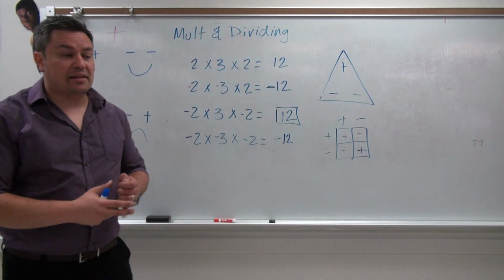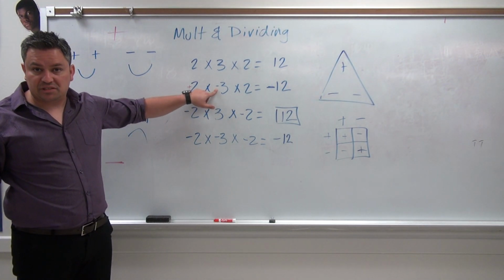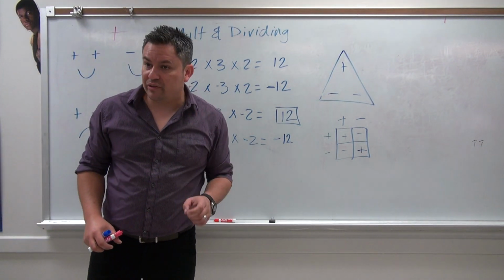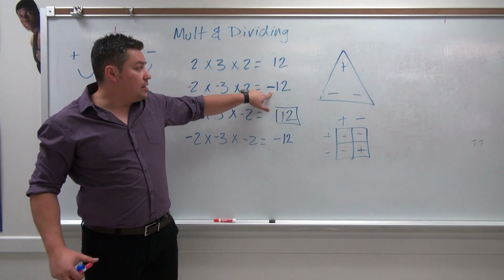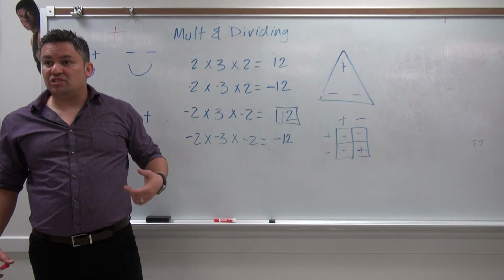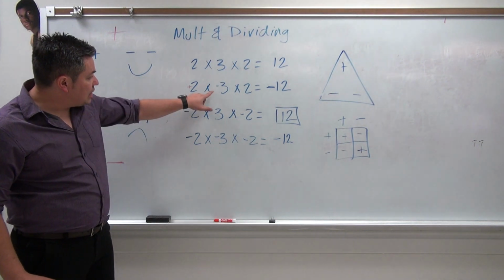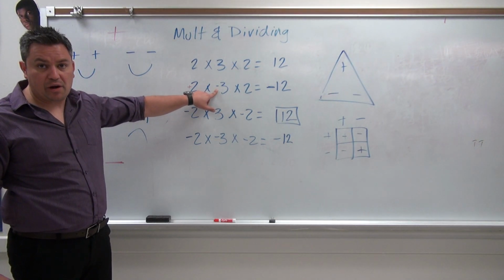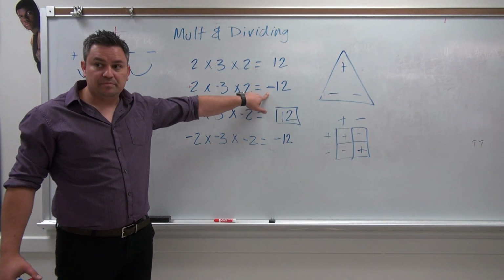So remember, if you have an odd number of negatives, the answer is going to be negative. If you have an even number of negatives, the answer is going to be positive. I only have one negative in here, and 1 is an odd number, so my answer is negative.